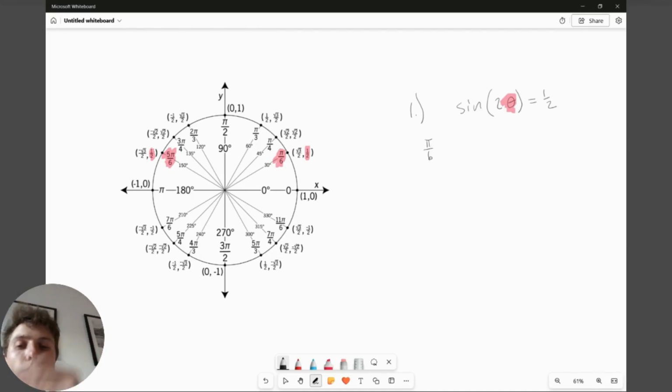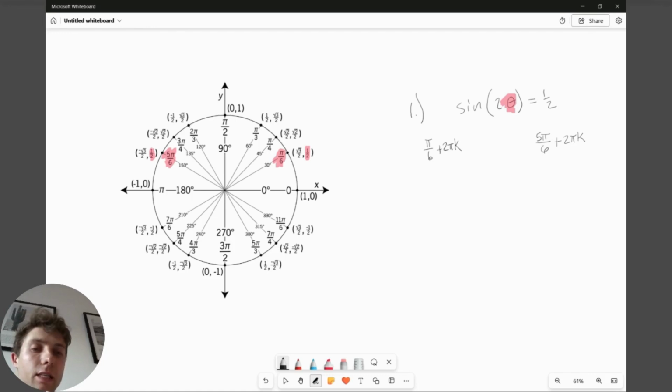But realize the unit circle repeats every 2 pi, so we would have to add 2 pi k, where k is some integer. So that just says every 2 pi. We have a second answer of 5 pi/6. Again, make sure you repeat it every 2 pi k to make sure it encompasses all solutions.